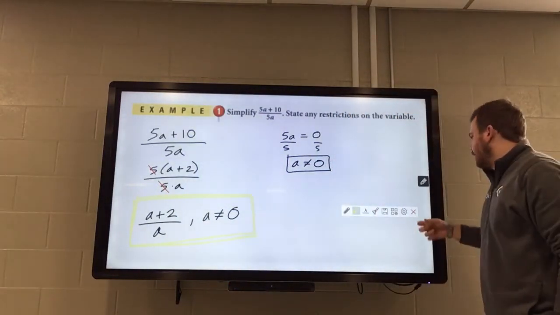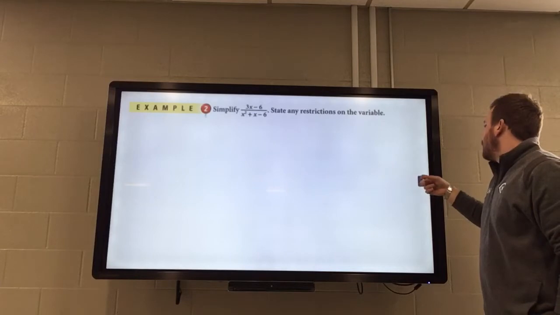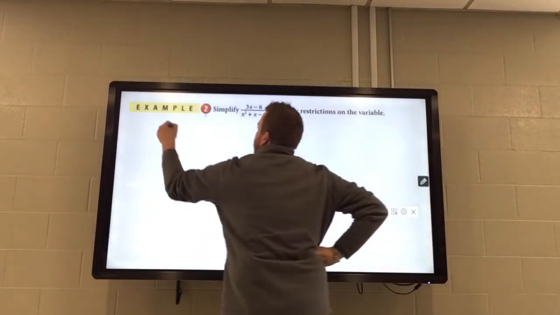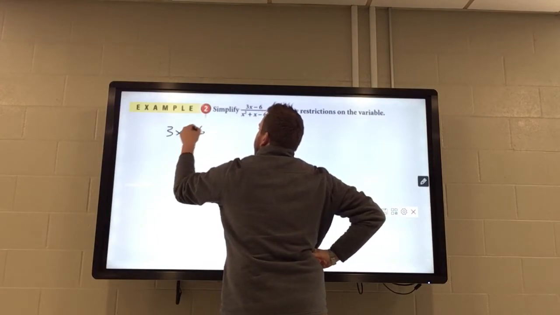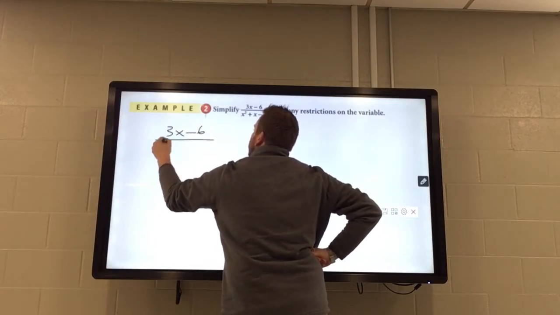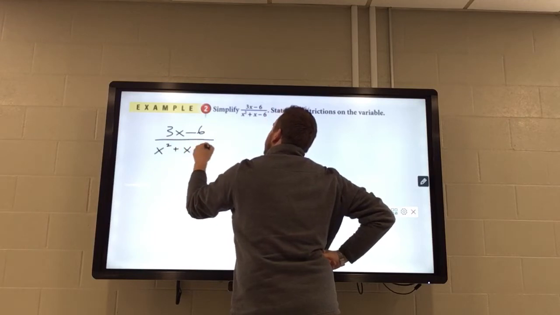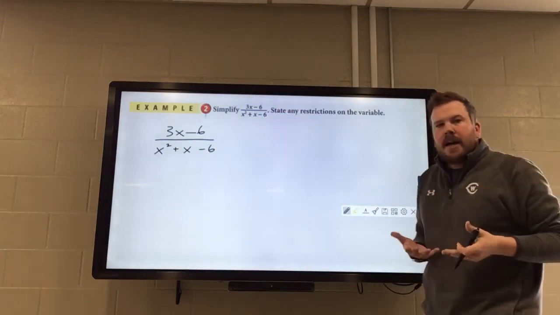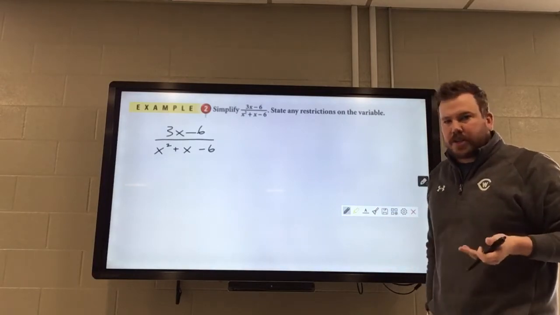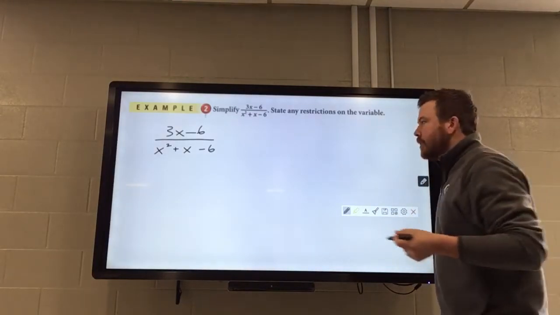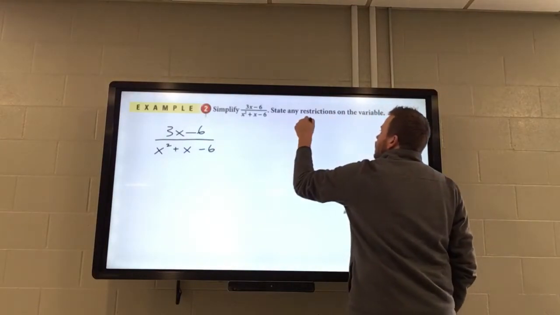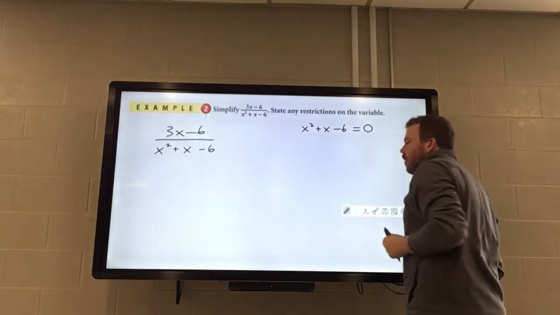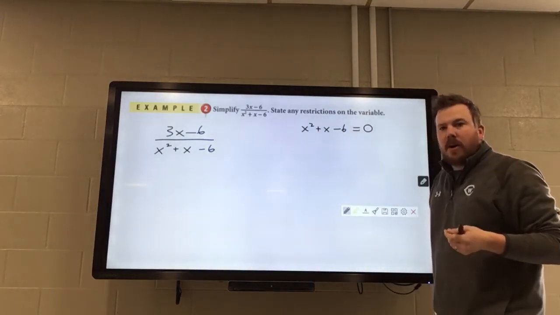Let's look at another example: 3x minus 6 over x squared plus x minus 6. We're looking to simplify, and we also need to state any restrictions. To figure out the restrictions, we take our denominator, set it equal to 0, and solve. Here we're trying to solve a quadratic.